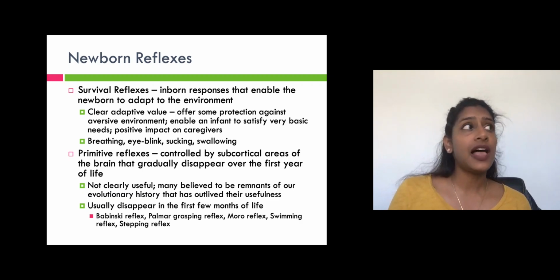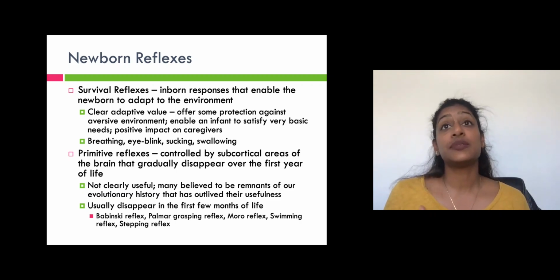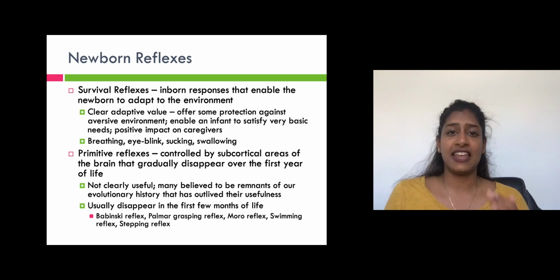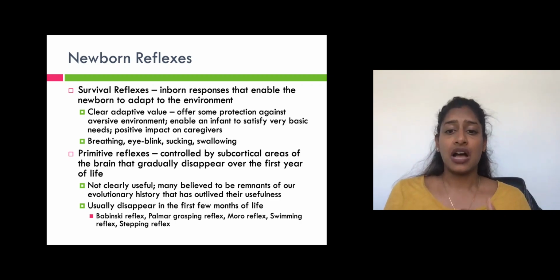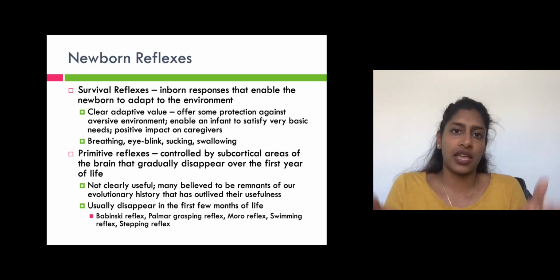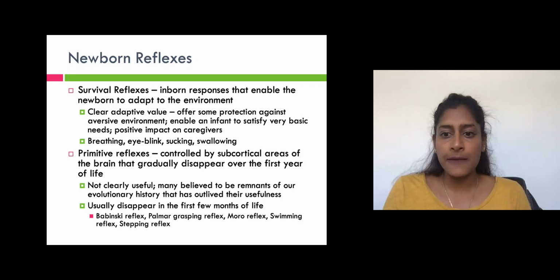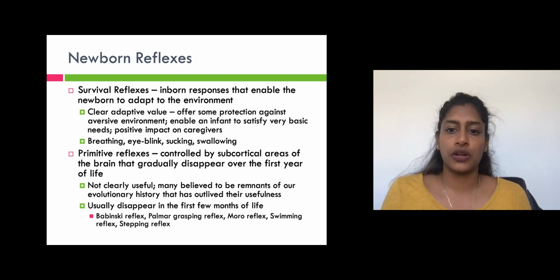The stepping reflex is present at birth, and we can see that infants have this rudimentary ability to step, on flat surfaces. It almost looks like the child's walking if we hold up their body weight. But just like with some of the other things that we've talked about, this will disappear.